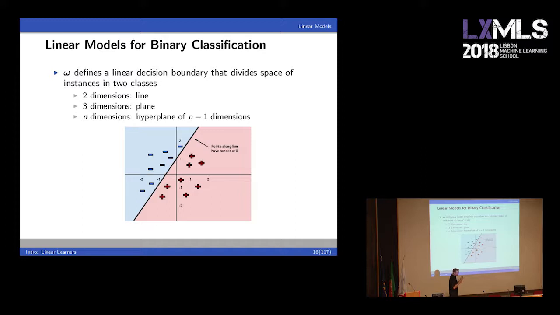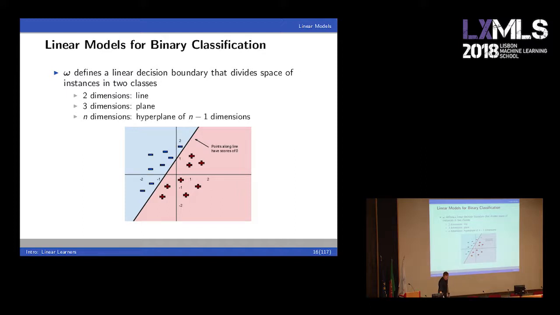You can visualize things very nicely. For example, you can visualize what you're learning with machine learning as learning a hyperplane. A hyperplane is a plane in n-1 dimensional space that separates your positive from your negative instances. This is the goal of machine learning for binary classification.